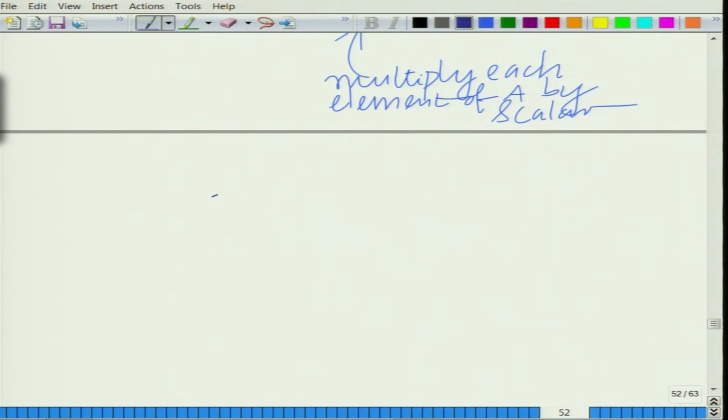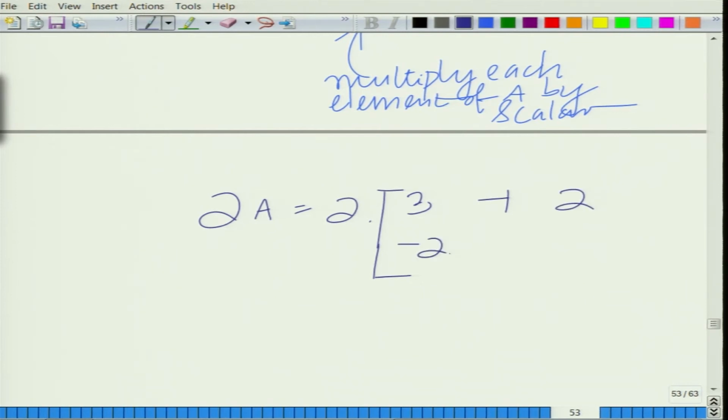Let us take a simple example, 2 times A, that is twice 3 minus 1 2 minus 2 4 3. This is our matrix A. So, you multiply each element.